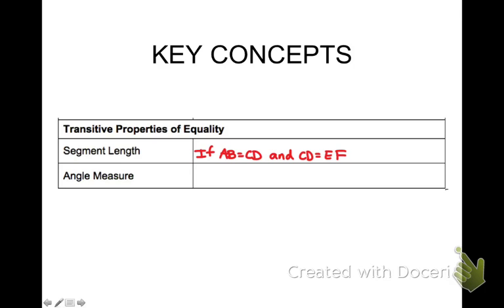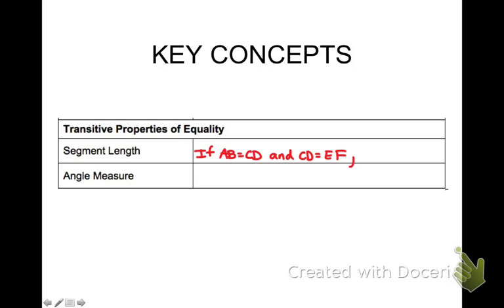I'm just going to make some drawings down here. Don't put this, just watch. If I have line segment AB, and we just said that it is congruent or equal, which is the same thing as congruent to CD, and if CD is congruent or equal in length to EF, what would be true about EF and AB? They're going to be the same also. Good. So that's your transitive property.